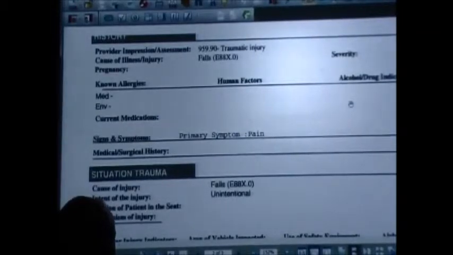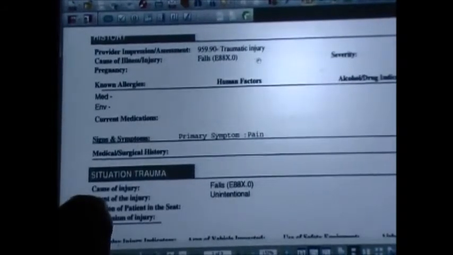And to start to address your question, to leave that as, this is my assessment, this is the chief complaint, this is what brought us here, he fell and has a trauma injury, pretty weak.